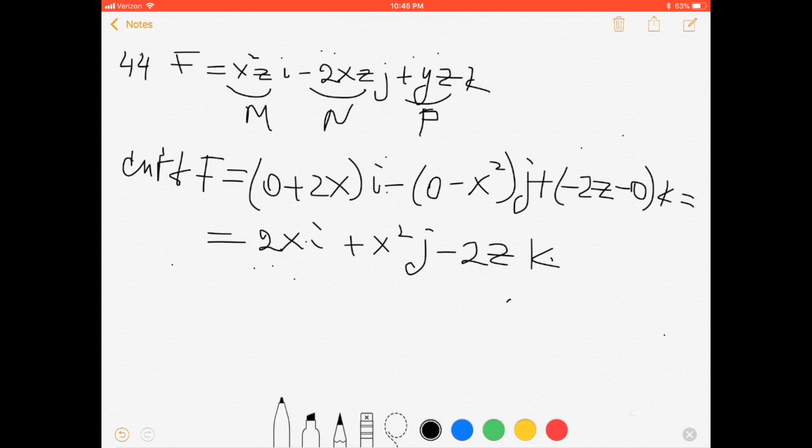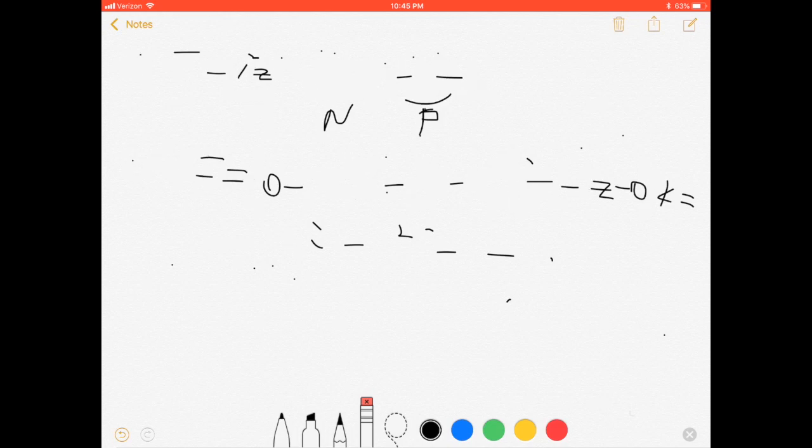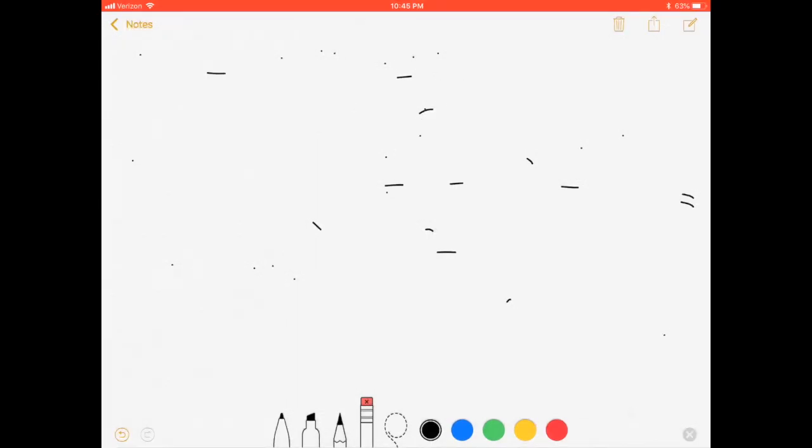Okay, next example, next question from your book. You have a vector field, and you need to check whether this vector field is conservative or not, and if it is, find the potential function. This means find a function whose gradient exactly equals this vector field.